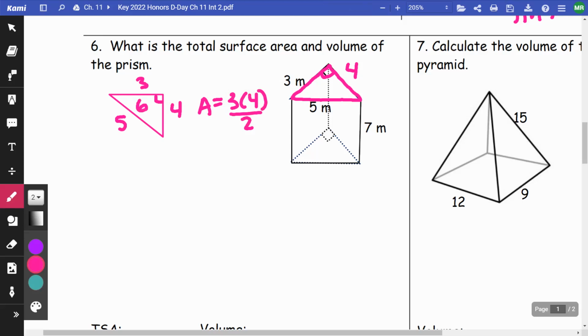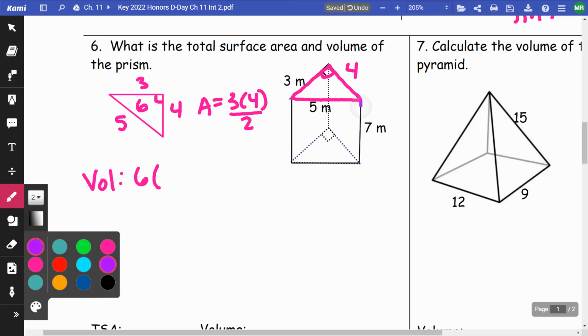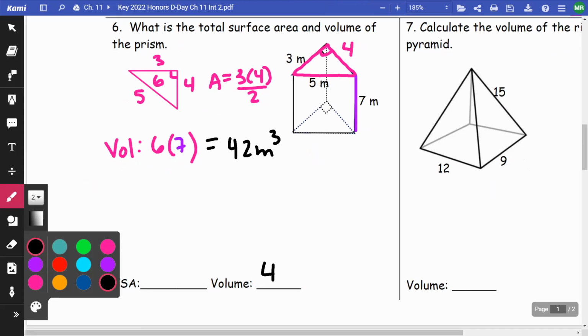So this is going to be 6. For the volume, I'm going to take that 6 and multiply it by the height of 7. My volume is going to be 42 meters cubed.